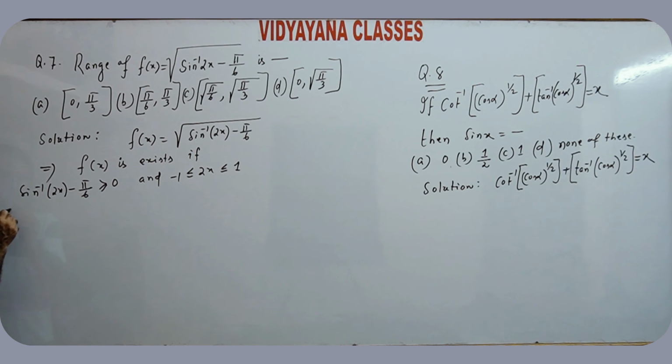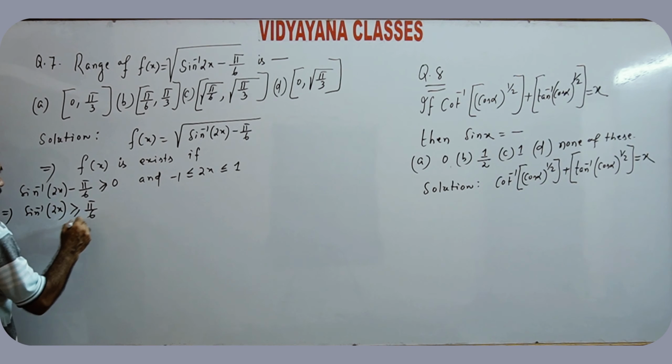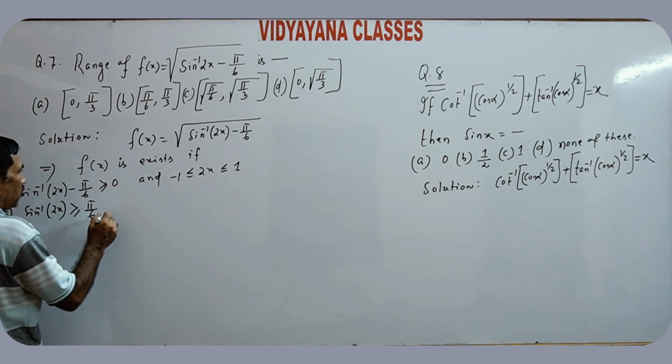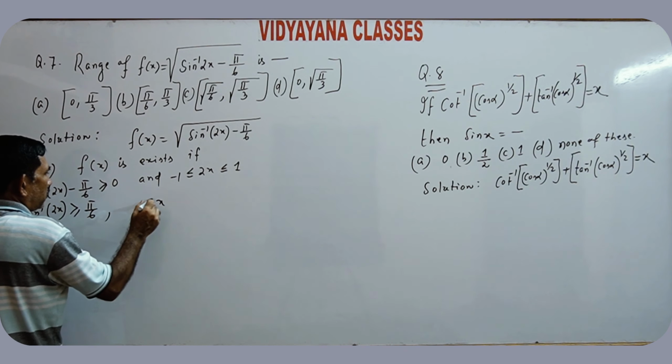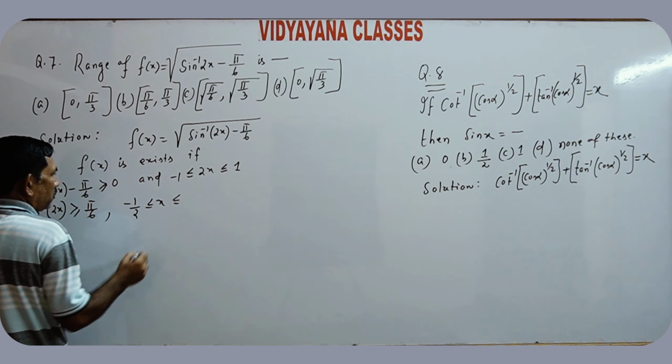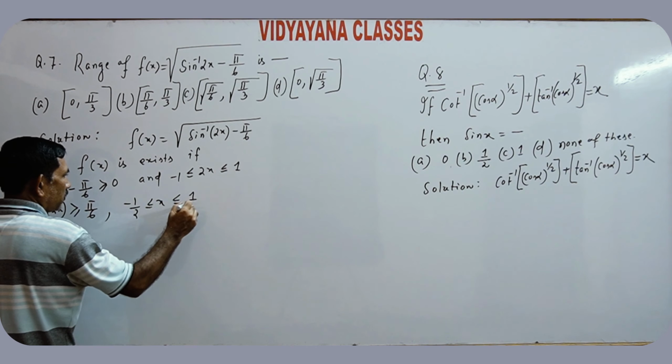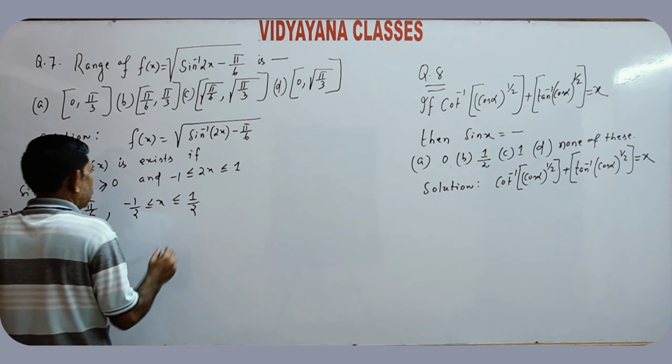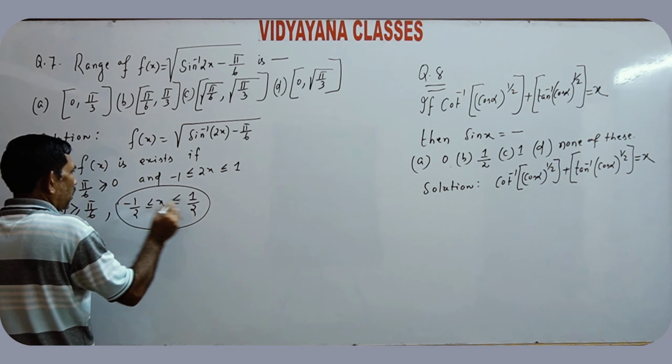Which implies sin inverse 2x is greater than or equal to pi by 6 and x lies between minus 1 by 2 and half. It is taken as star.